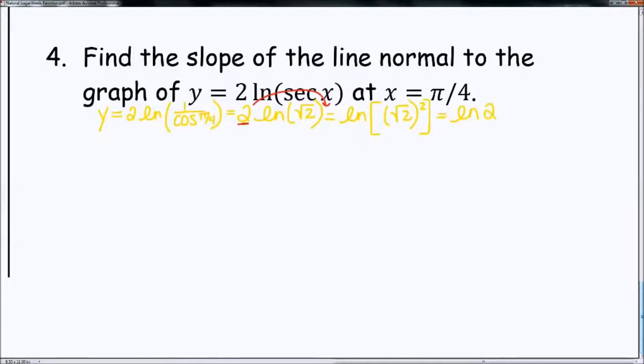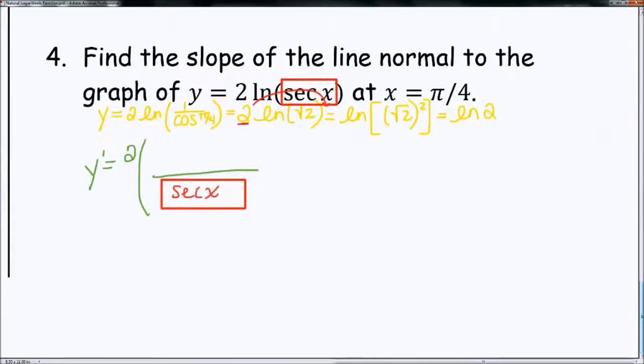So now let's go ahead and find our derivative. So y prime is equal to, and again, it's the derivative of the ln of something. Well, I'm going to create that little box around that secant. And so I have y prime, my coefficient is 2, so I'm just going to multiply by 2 in the numerator. And I'm going to create that little box in the denominator, so I'm going to fill that in. So that's going to be my secant x.